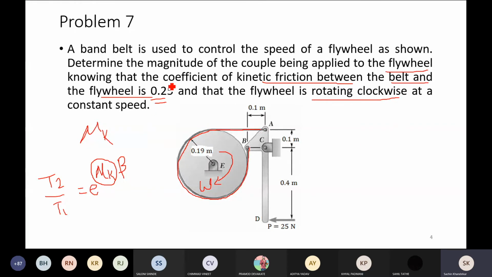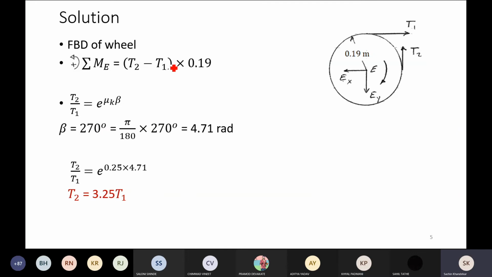So determine the magnitude of the couple being applied to the flywheel, knowing that the coefficient of kinetic friction between the belt and the flywheel is 0.25 and that the flywheel is rotating clockwise at a constant speed.